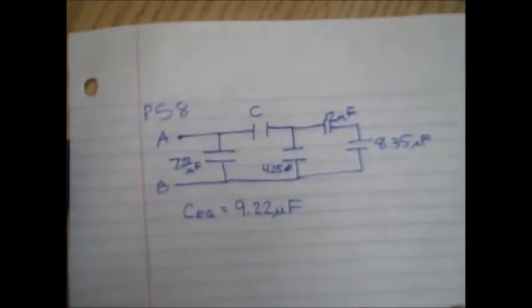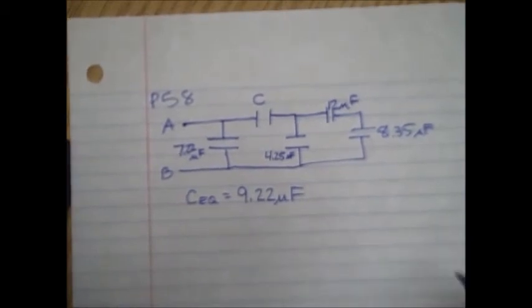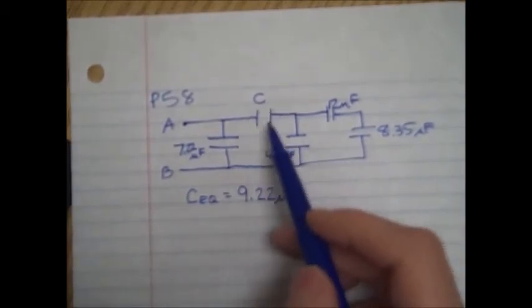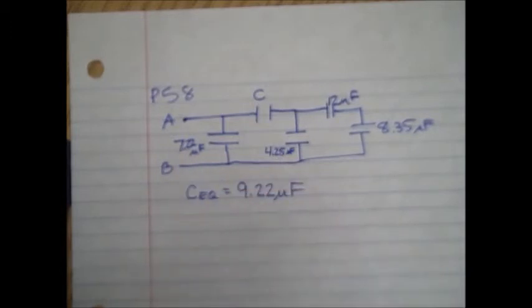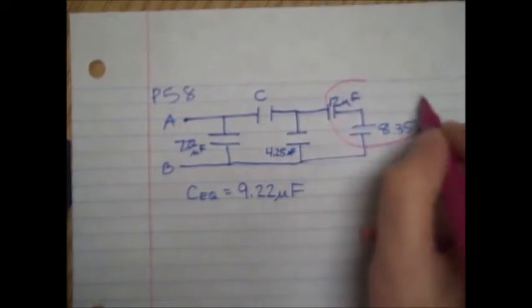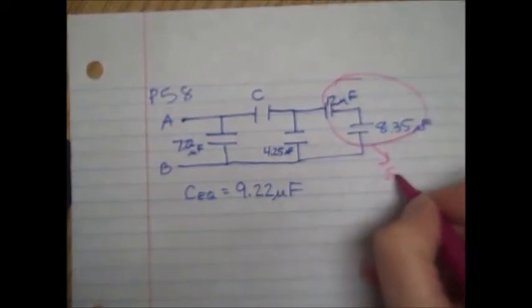And the last question I wanted to look at was problem 58. Here you're trying to find equivalent capacitance, but you've got this unknown capacitor in the middle. You know that this total section has an equivalent capacitance of 9.22 microfarads. So let's think about first, these guys are in series.